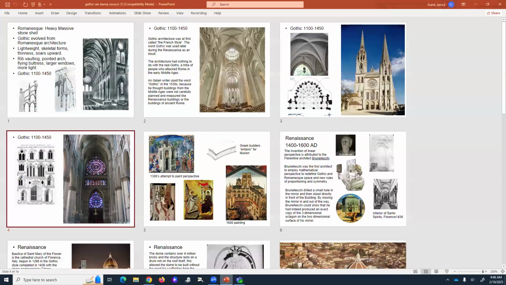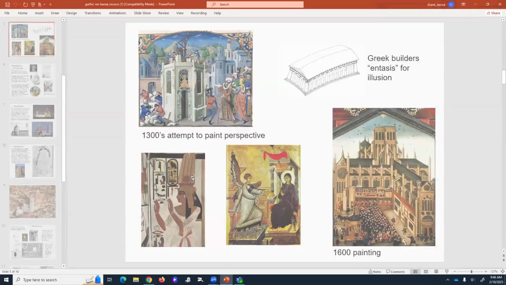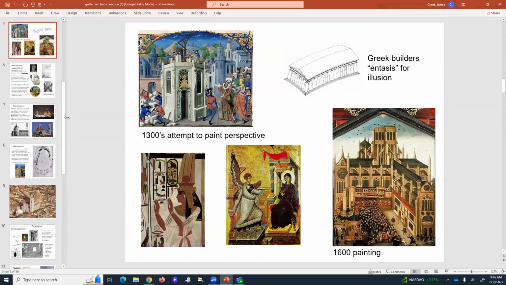I'm going to go back to talk about the Renaissance architecture. And really, Renaissance architecture was great for us because there were a lot of attempts to paint perspective, and you can see where, just like the Egyptians, the heads were straight and the arms were straight, but nothing really in 3D.